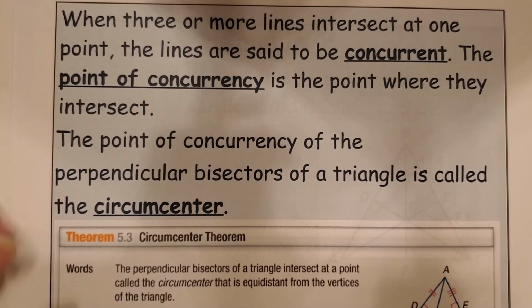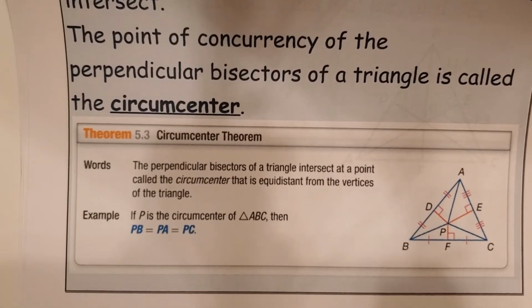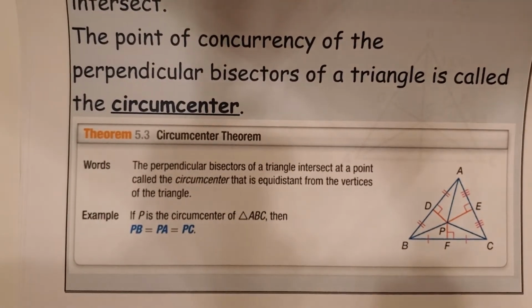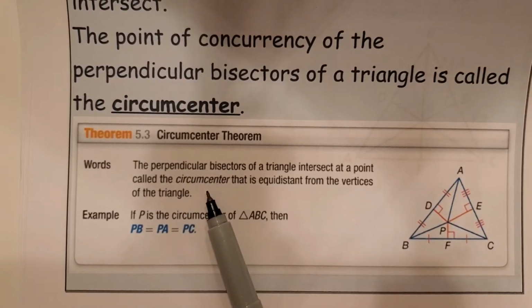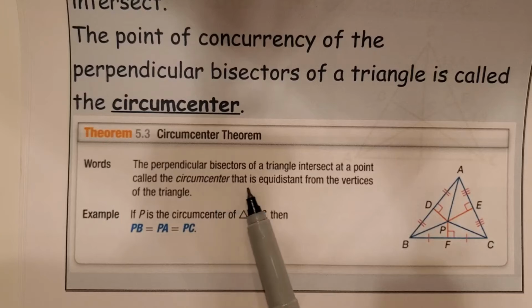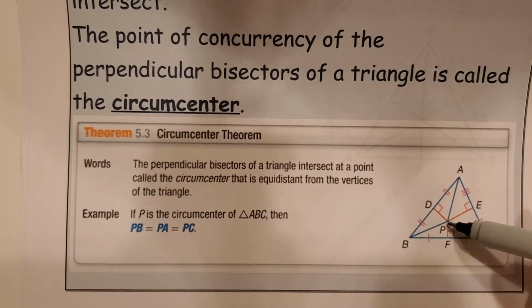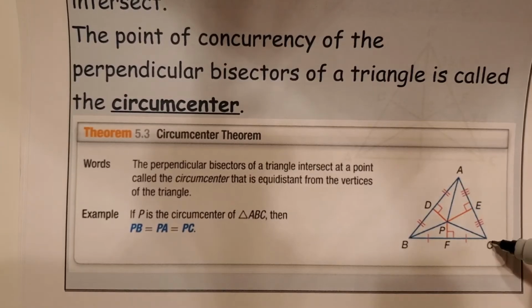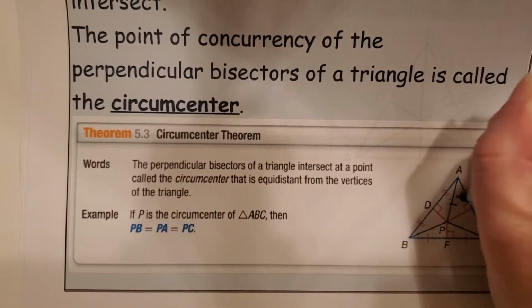All right? So there's a really interesting theorem about circumcenters. In general, what it says is the circumcenter is equidistant from the vertices of the triangle. So if P is your circumcenter, then it's the same distance away from A and C and B. So that's what it says here.